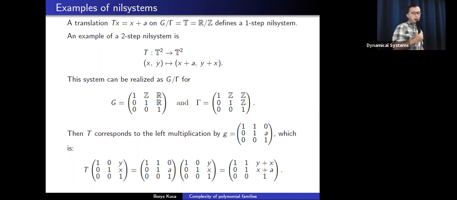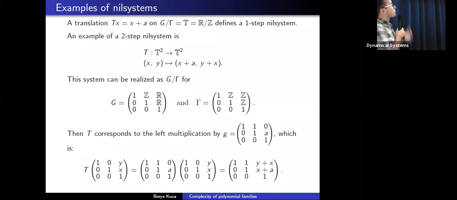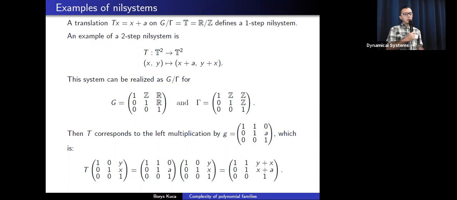If we take the group G to be the group of the matrices given here, and if we quotient it out by the lattice gamma, then it turns out that the transformation T given above corresponds to the left multiplication by an element g listed in one of the lines there.